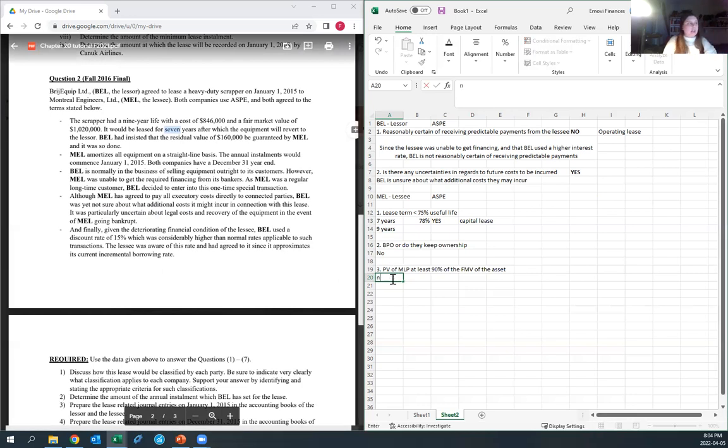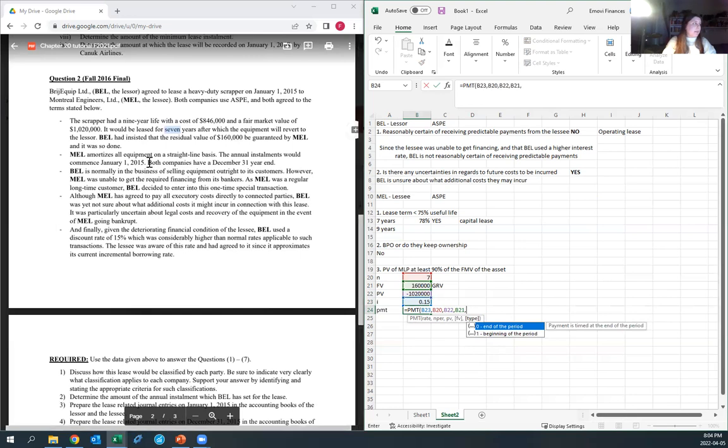1,020,000. So here I'm going to have N of 7, a future value of 160,000, because there's a guaranteed residual value, and it's the lessee. The present value is 1,020,000, and the rate is 15%. The payment amount is... and here, is it end of period or beginning of the period?